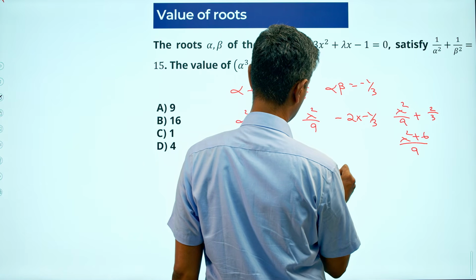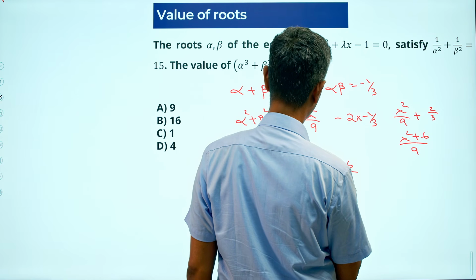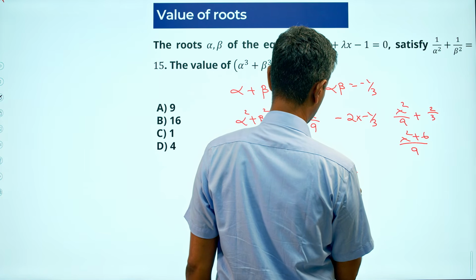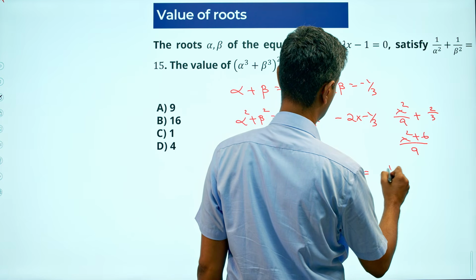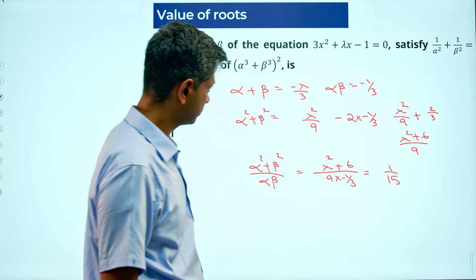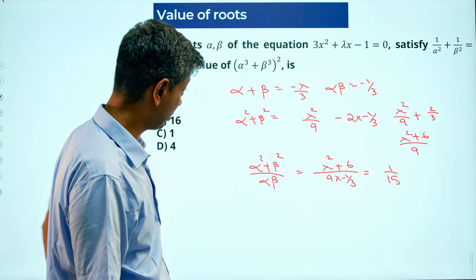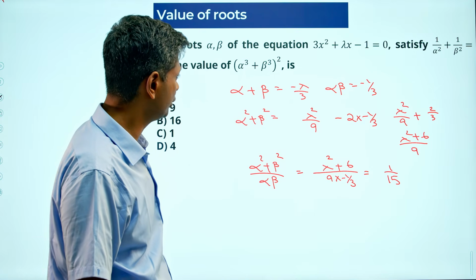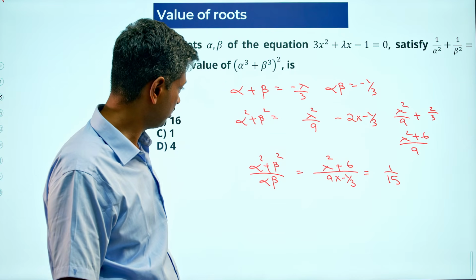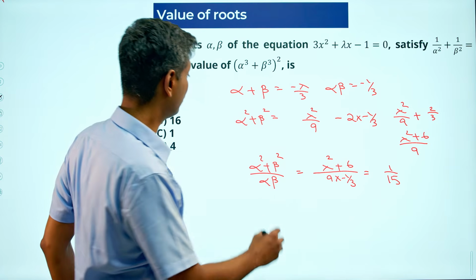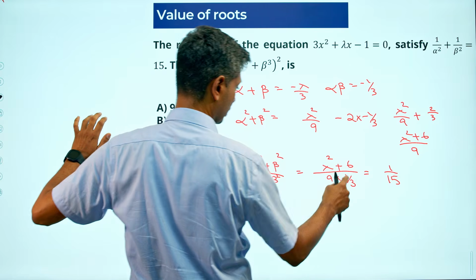Sorry, it's alpha squared beta squared, not minus 1 by 3, it will be 1 by 9.